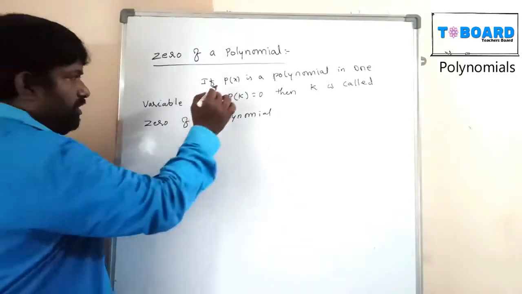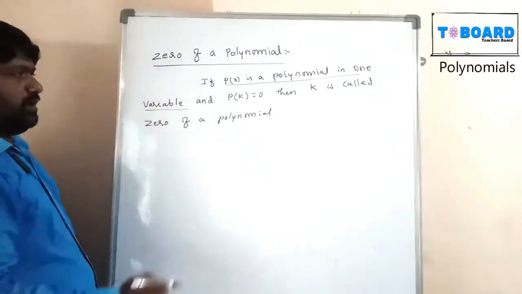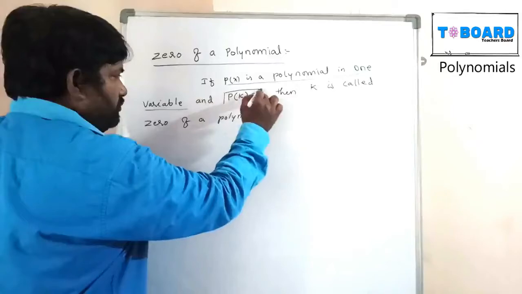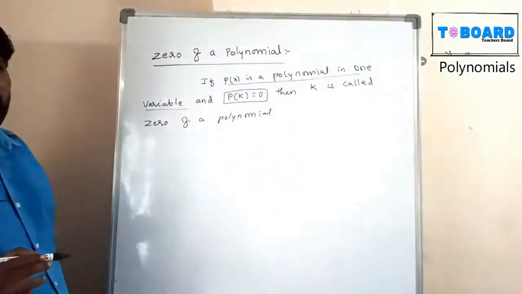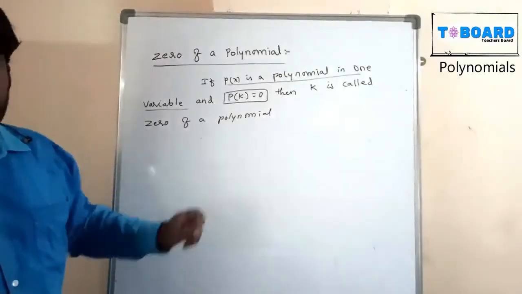Okay, if p of x is a polynomial in one variable and p of k equals 0, then k is called a zero of a polynomial.